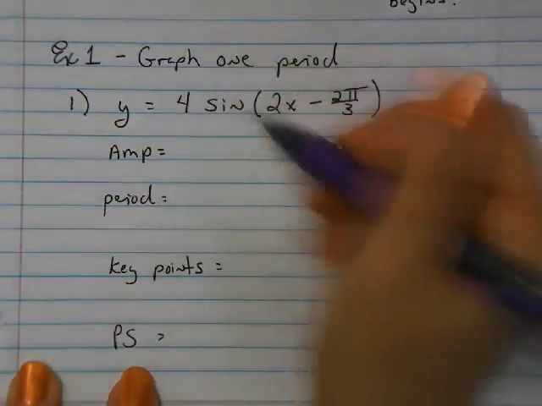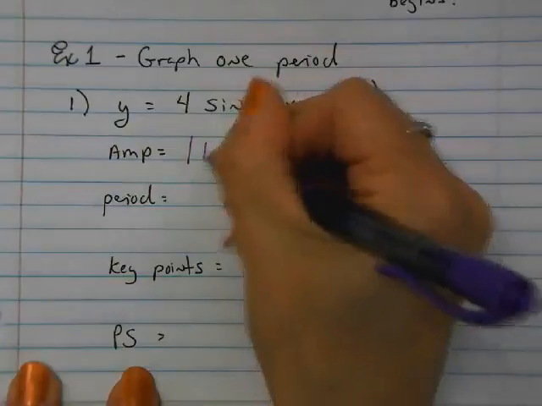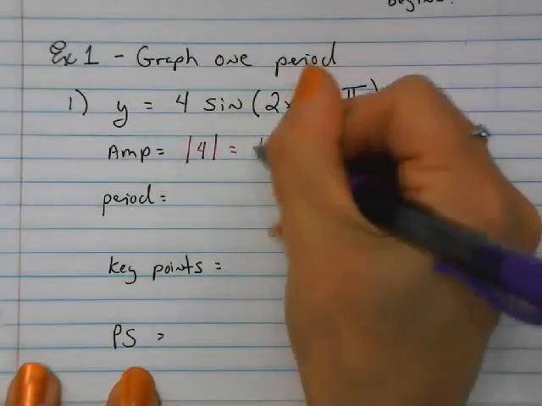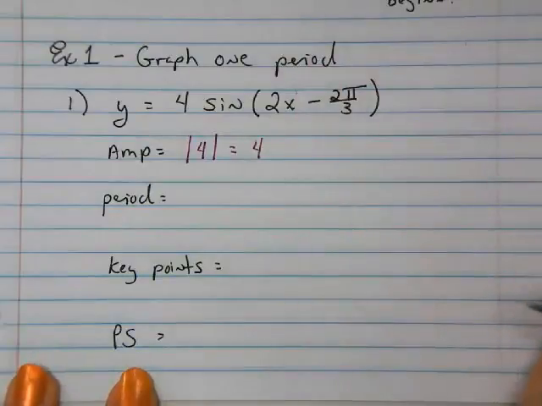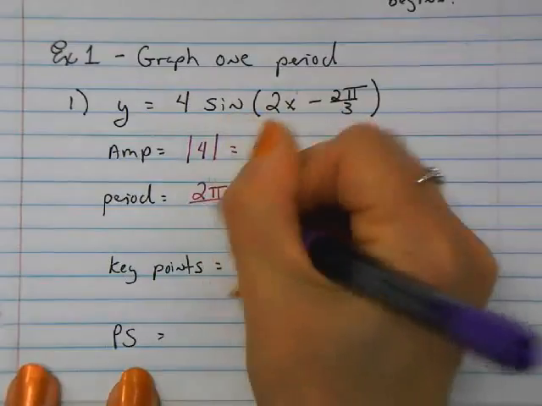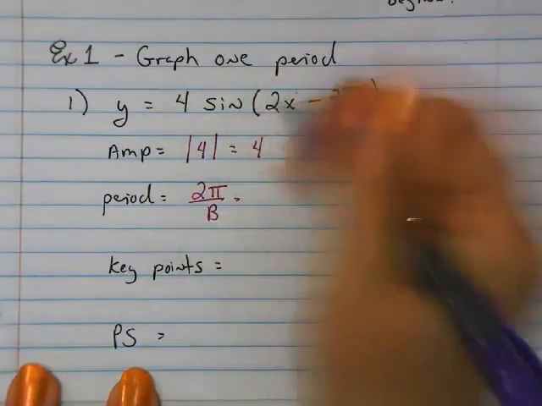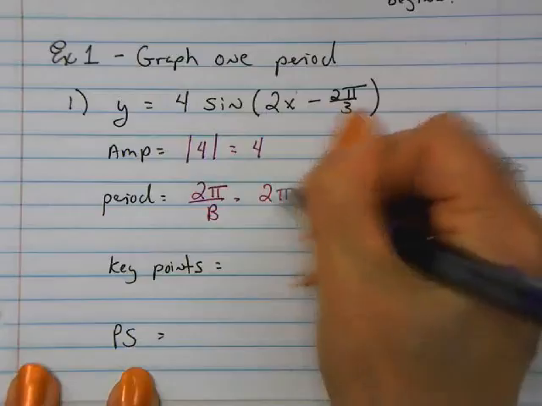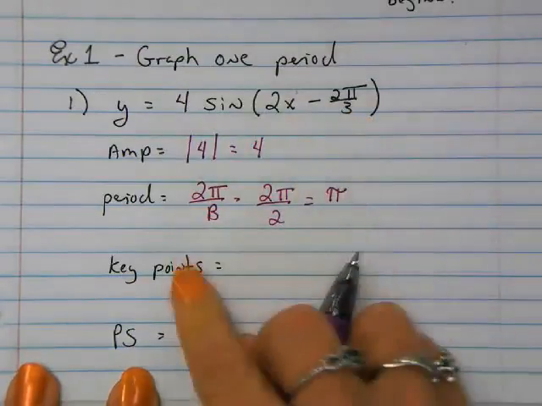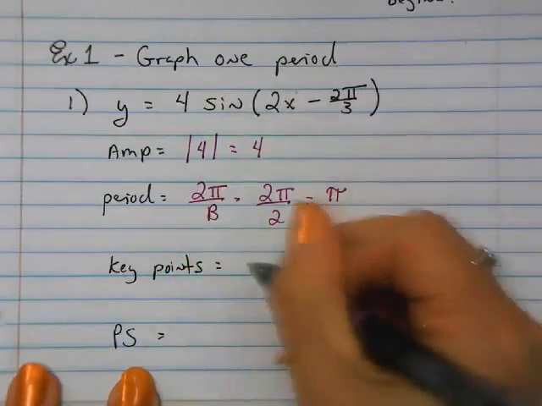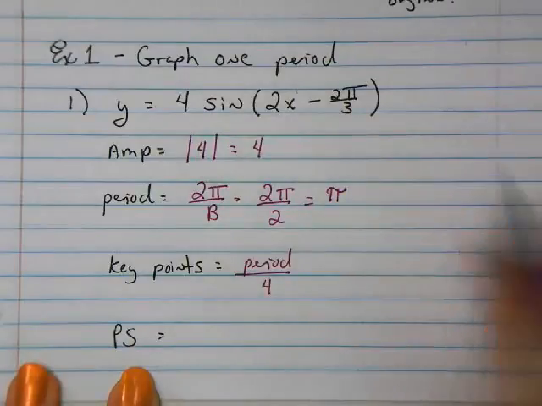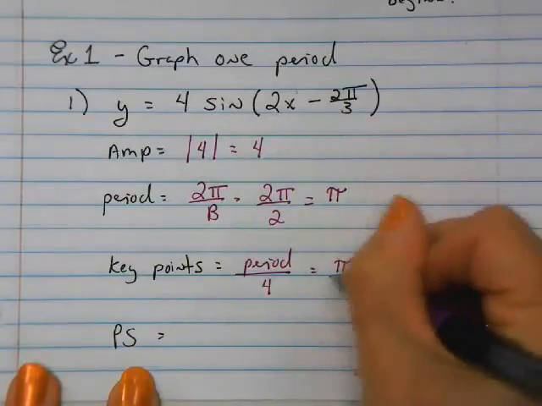Alright, so my amplitude is easy to find. The absolute value of the lead coefficient, I get 4. So that's the highest point this graph will go. The period, I take 2 pi divided by b, and b is what is behind the trig function, so it's 2 pi divided by 2, or pi. To get these intervals, I take the period and I divide it into 4 pieces. So I take pi and cut it into 4.